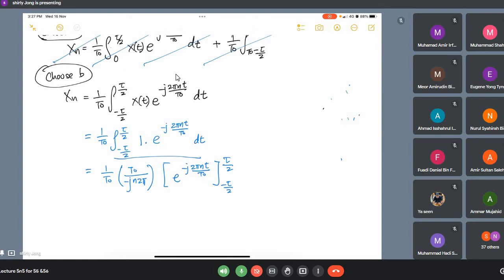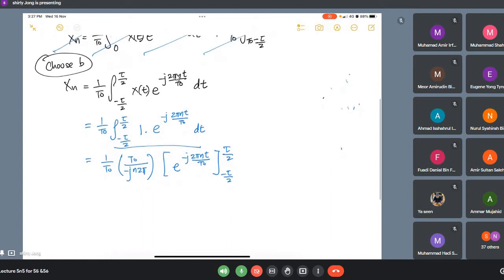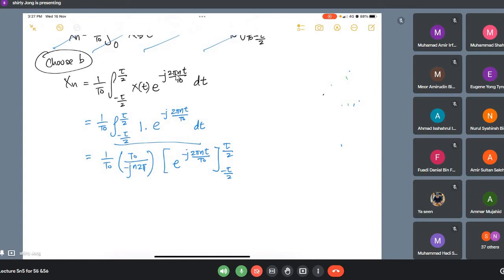Okay, if no question from you, I assume that you can understand. So after that, you just substitute the value of tau over 2 and minus tau over 2 into t. Okay, so this one you can cancel out.